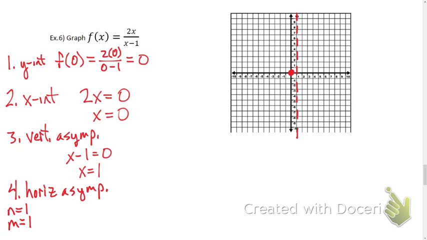Our coefficients, since n equals m, that's scenario 2. Our coefficients are 2 and 1. So that means we have a horizontal asymptote at 2. So we want to draw a horizontal line through 2.